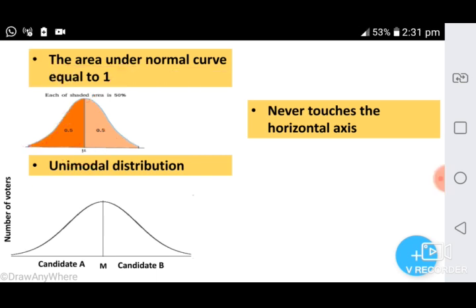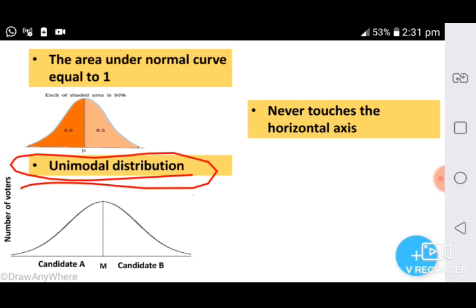Next one, unimodal distribution. If a distribution is unimodal, this implies that the frequency of the variable has one mode. Here, candidate A attracts all voters to the left of M, while B attracts all voters to the right of M. So any voters on the horizontal distribution between A and B are split down the middle.